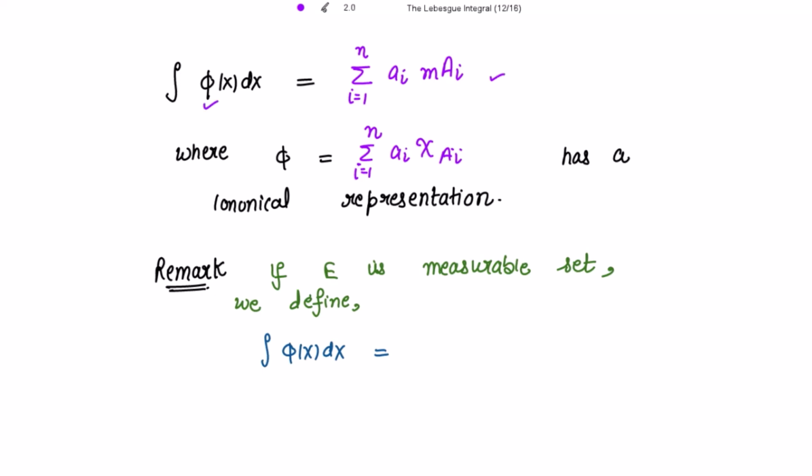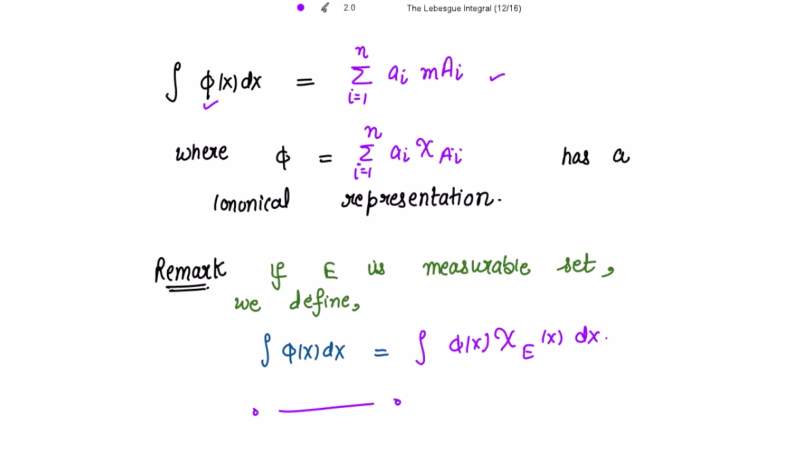A remark is given here: if E is a measurable set, we define the integral of phi x dx over E as the integral of phi x chi E x dx. This is how the integral should be defined if E is any measurable set.